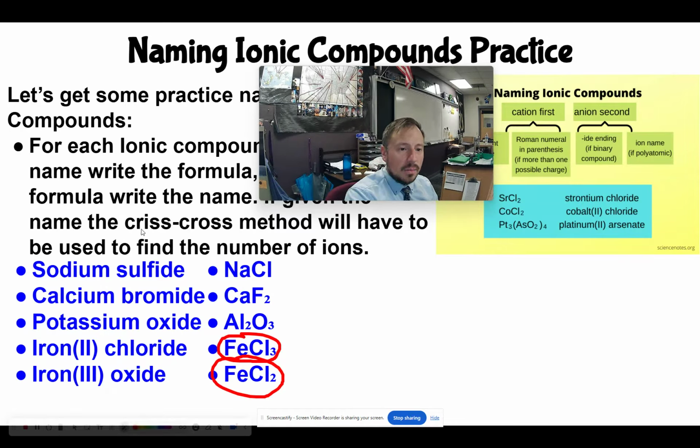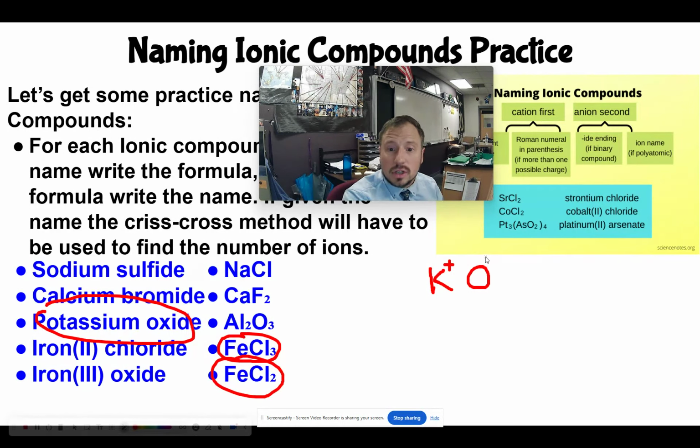Now, I'm going to help you out with some of these here, right? So we'll do, how about this? I'll do potassium oxide here, right? So first what you need to do is I'm going to write the symbols, right? Potassium, oxygen. Potassium is going to make an ion of just a positive 1 charge, right?